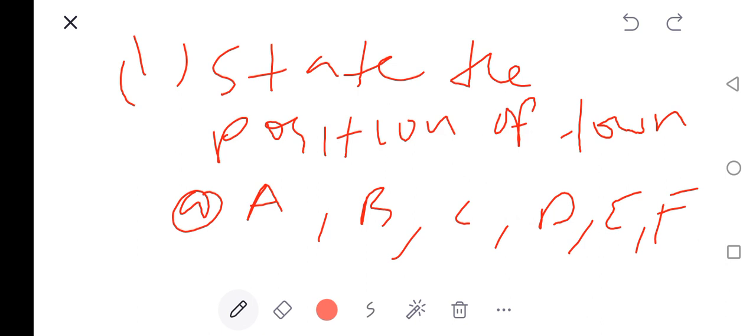State the position of towns A, B, C, D, E.